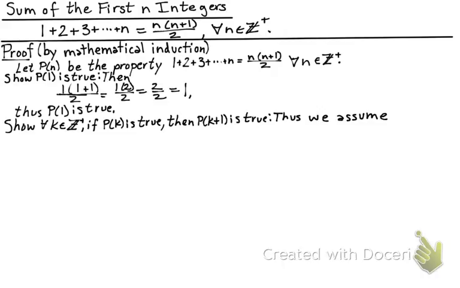So what we're assuming is 1 plus 2 plus 3, all the way until we get to plus k equals k times k plus 1 over 2. We assume that this statement is true. Do we know it's true? We don't know it's true yet, but we're going to prove that it's true. So we assume that this is true for all k elements of the positive integers, or for all integers k greater than or equal to 1.